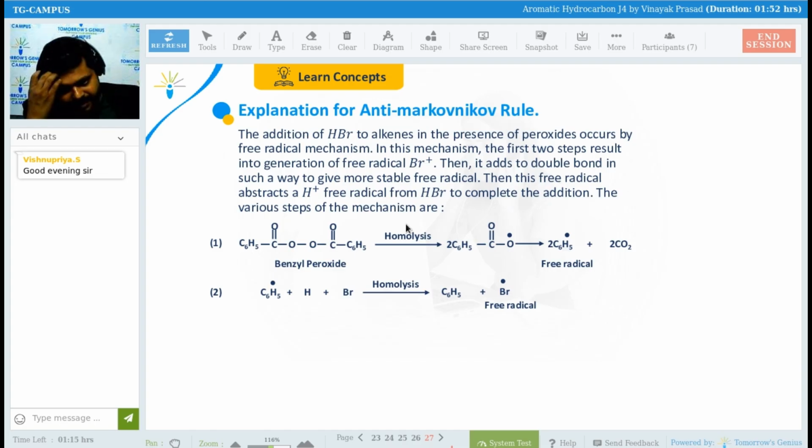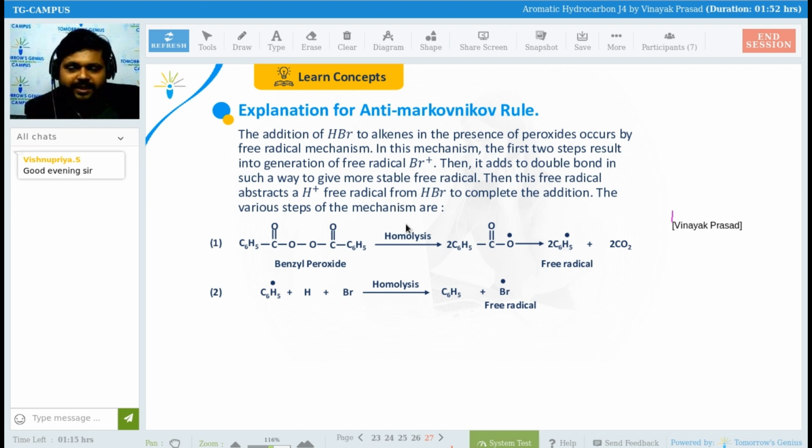Now, see here, the explanation of the anti-Markovnikov rule. Either in case of free radical or in case of carbocation, the Br will go to the carbon which has the lesser number of hydrogen. You have to take care of these things.